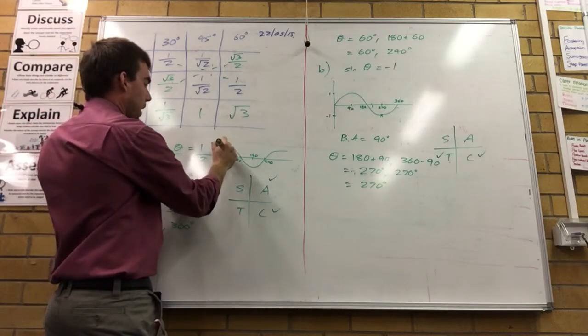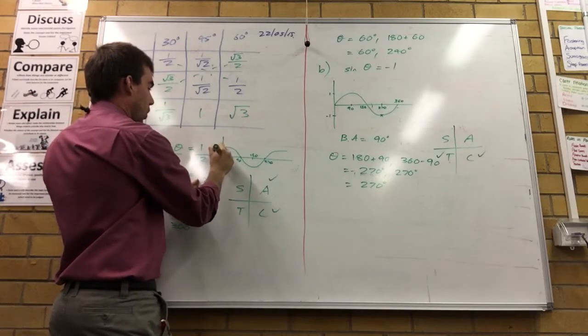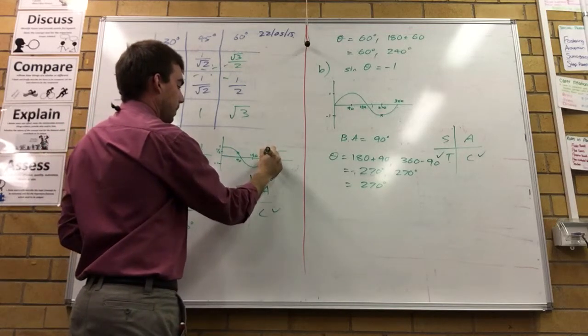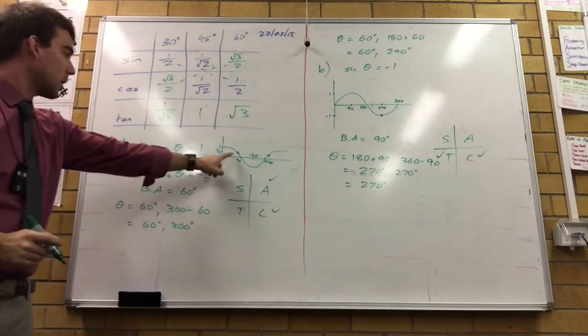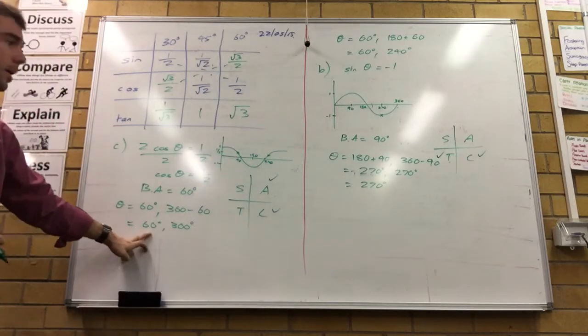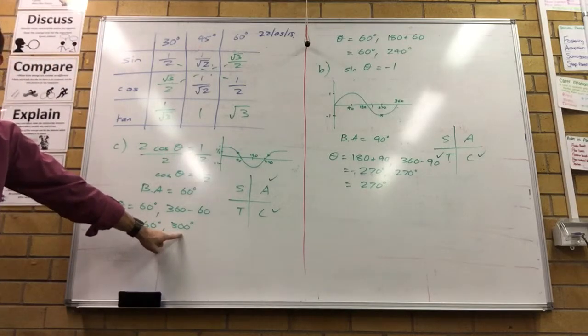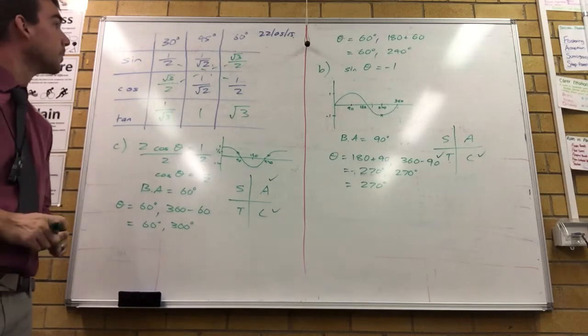So we're looking for the point, so this is 1 here, and this is minus 1. We're looking for the point on the graph where we're getting a half. So we consider a horizontal plane there. Just before 90, there's the 60, and then after the 270, not long after it, there's the 300. So that's what we're doing when we solve these equations.